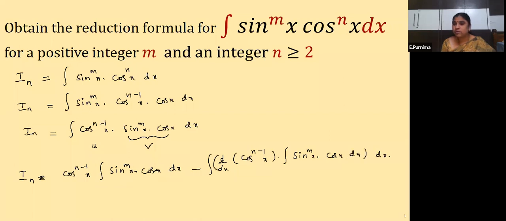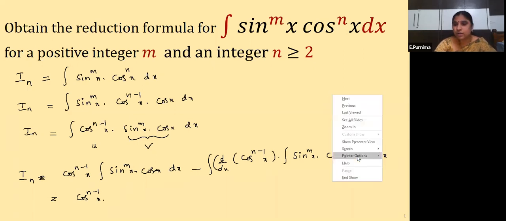Okay. So like this we have to do. Now let us do that. Cos to the power of n minus 1 x into, what is here? One second, children. Because here there are 2 functions again.